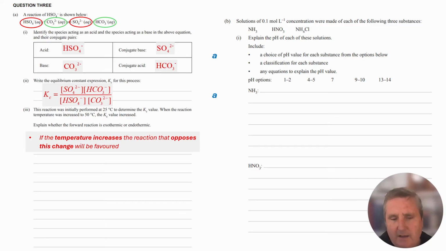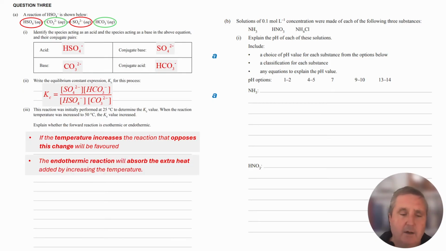Okay, so here's our argument. Because the temperature increased, the reaction is going to oppose that change. Because this is a dynamic equilibrium situation, here's a double arrow. This is Le Chatelier's principle. So if we increase the temperature, it wants to oppose. Now, how does it oppose that? Well, it uses the endothermic direction of the reaction, because that will remove the heat that you've added.